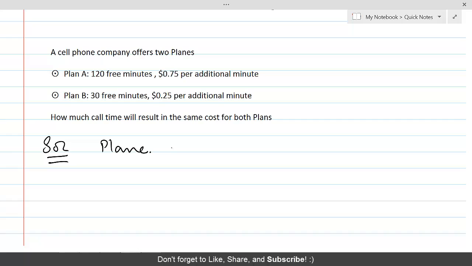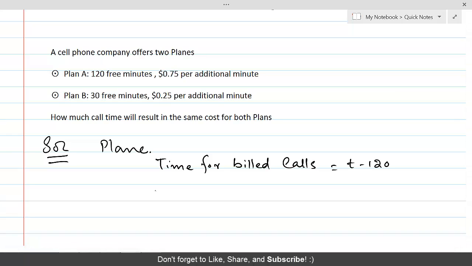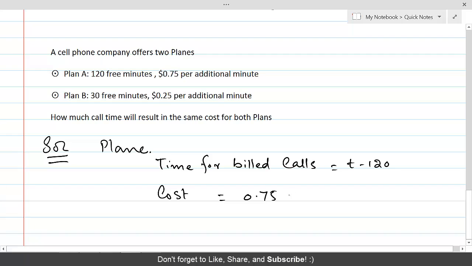So the time for billed calls is equal to t minus 120, because you don't pay for 120 minutes. So rate is 0.75 per additional minute. So therefore the cost would be equal to 0.75 times t minus 120.